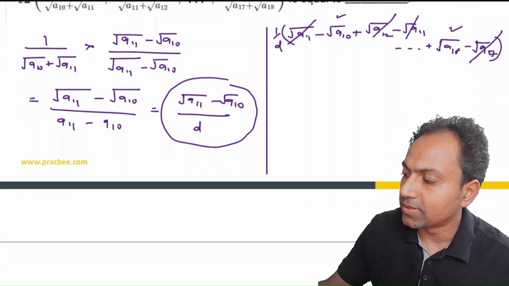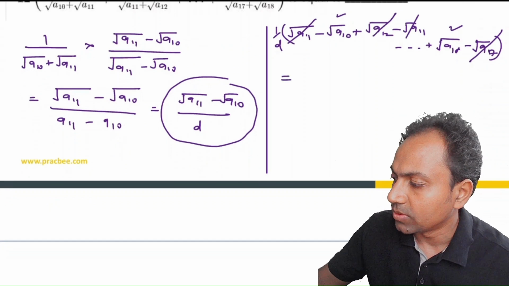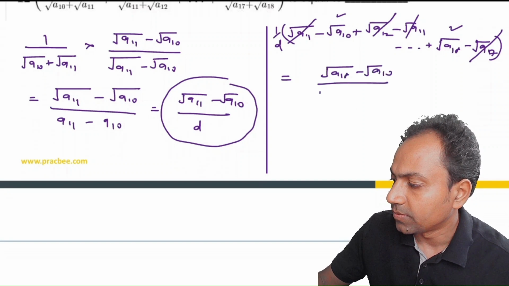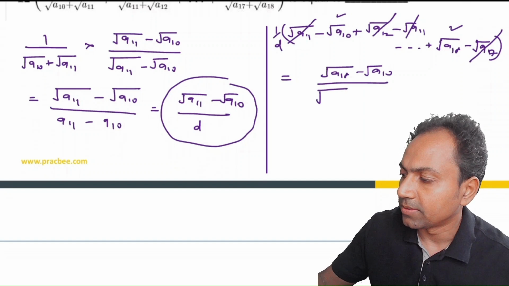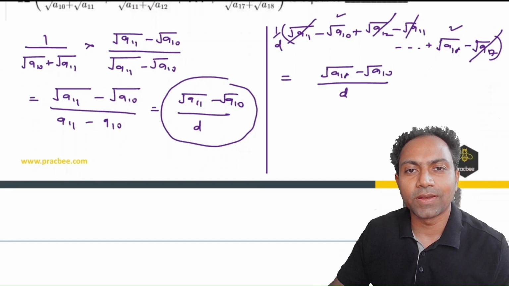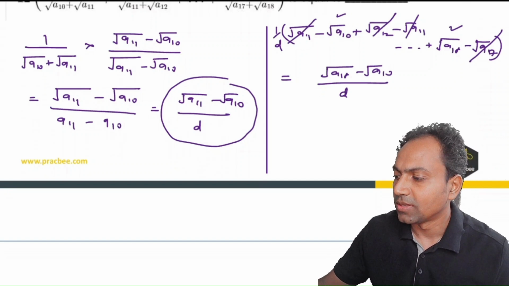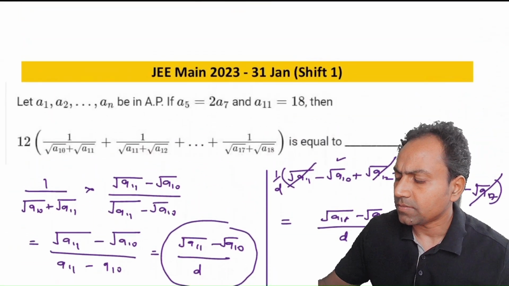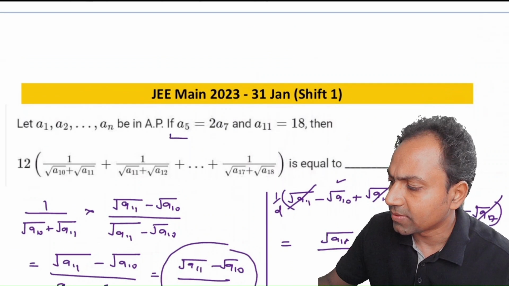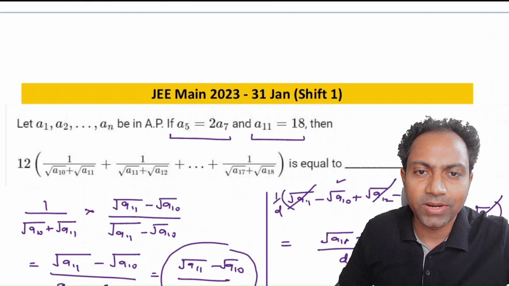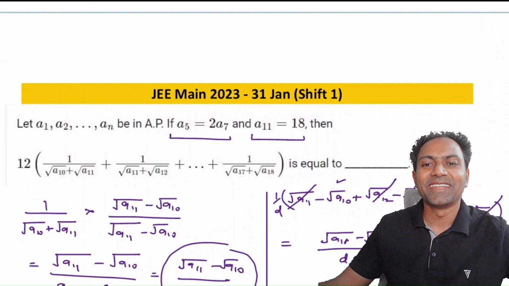Now, once we have this, we can simplify this and write it down as root of A18 minus root of A10 by nothing but D. So once I write it down, what I can do is find the value of A18, substitute and get the answer. Because we have also been given the condition that A5 is equal to 2 times A7, and A11 is equal to 18. If I use these two conditions, I will be able to get the value of A, D and all the things, and will be able to get the answer.